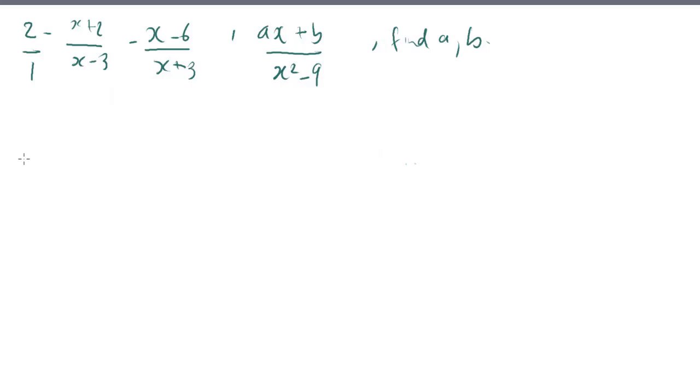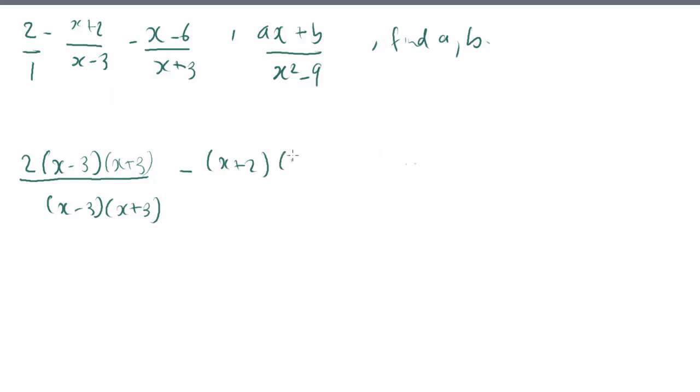So we can write out equivalently x plus 3. Again, we're just using the same principles as those from the LCM procedure. So x minus 3, x plus 3.